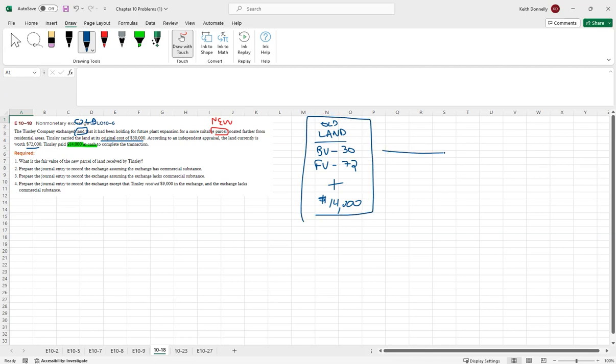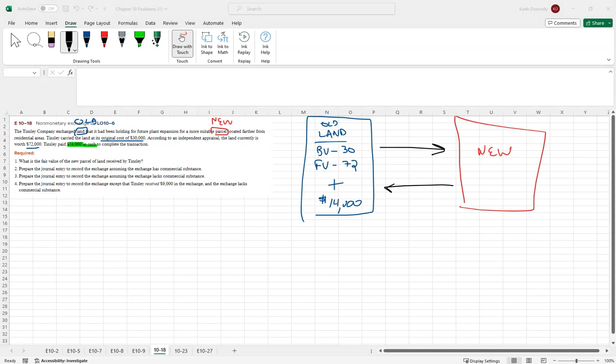So we exchanged that. And what we got was the new land on there. They aren't giving us too much information for the new land at least. A couple things here. First off, what is the fair value of the new parcel of land received?